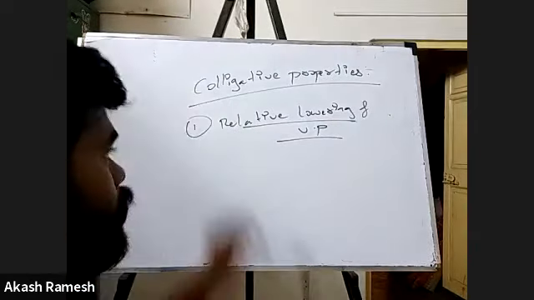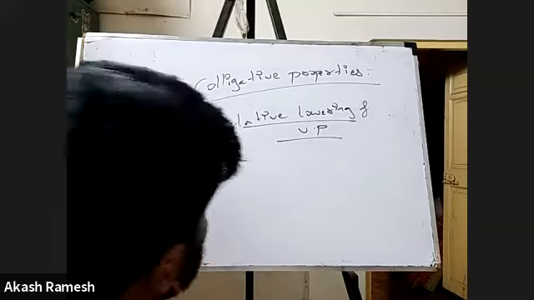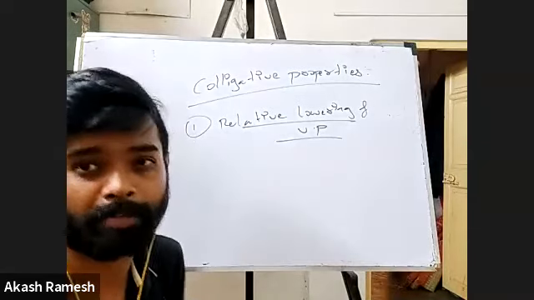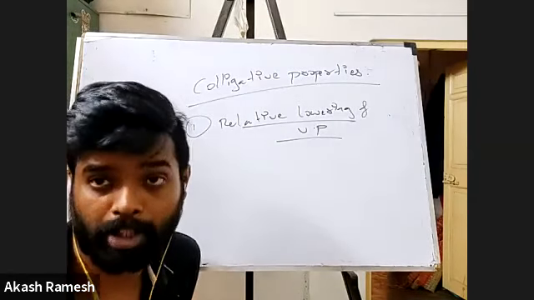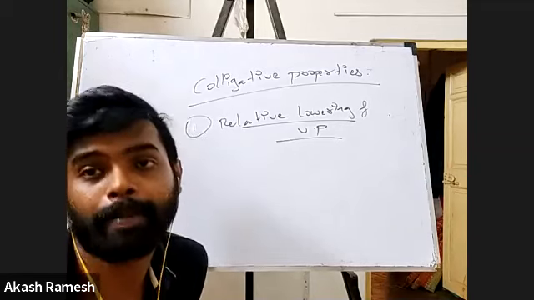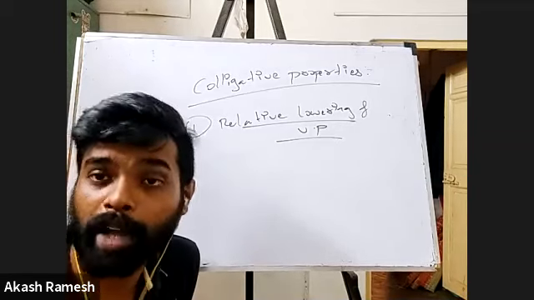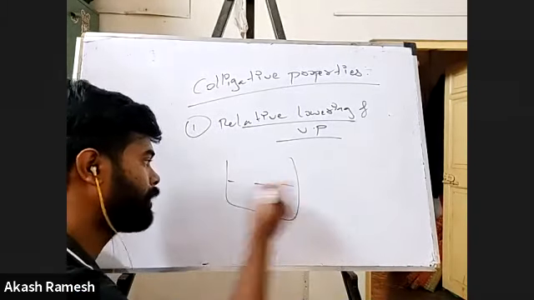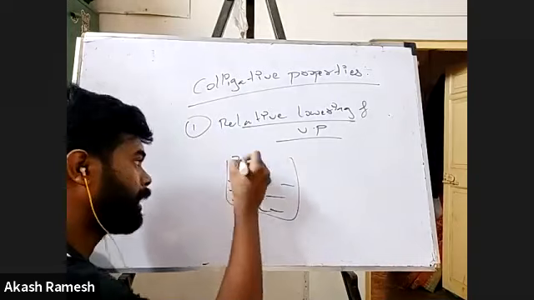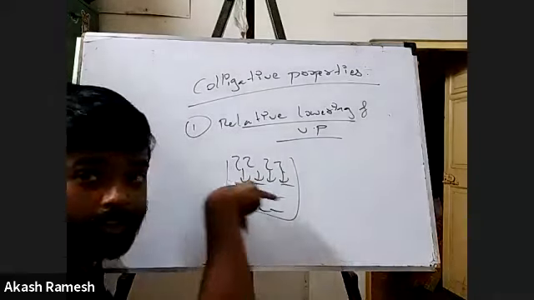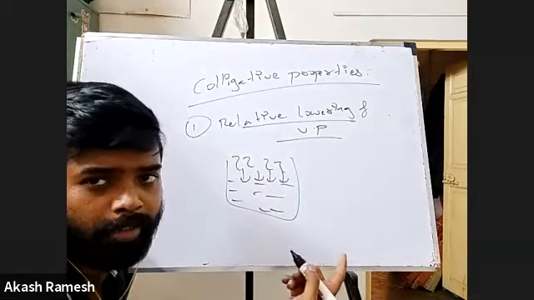So what was I saying? Yes, the first colligative property is relative lowering of vapor pressure. Okay. We already studied vapor pressure, right? We already studied the decrease in vapor pressure also. Lowering of vapor pressure, we already discussed. So when I have a liquid, it will have some vapors. Now these are going to exert some pressure on the surface of the liquid, and that is what is called vapor pressure.